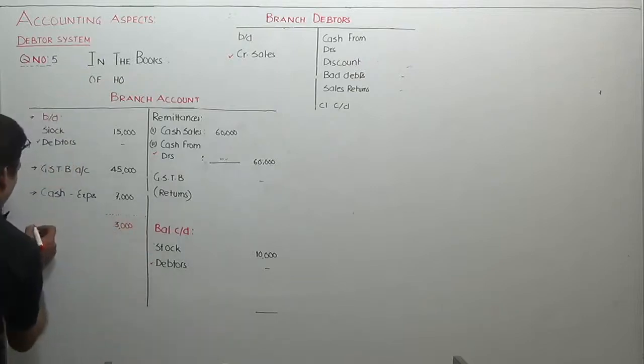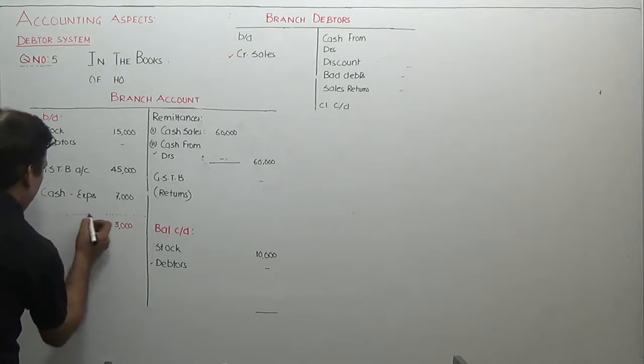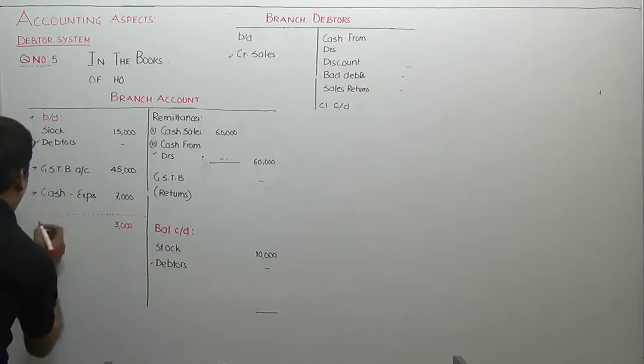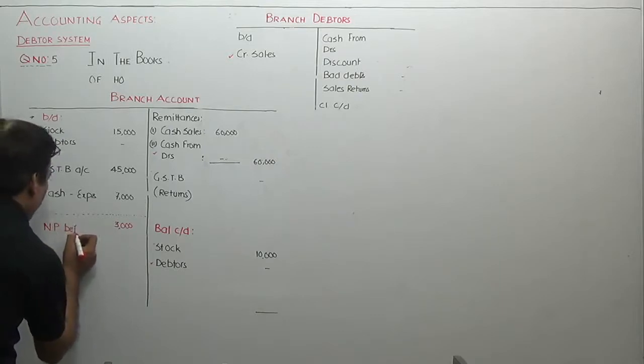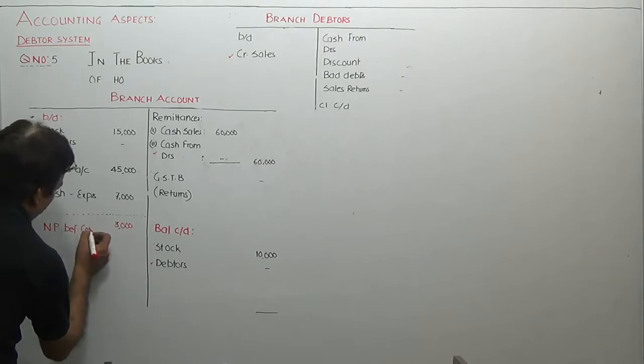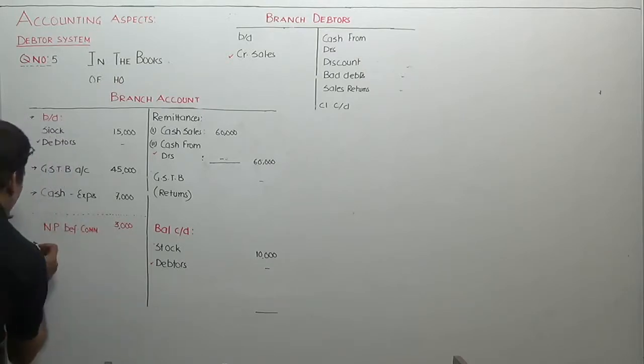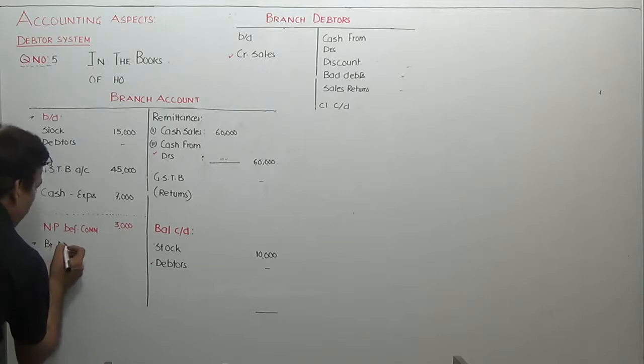But this profit which I have computed now is your net profit before commission. Now, in this question, it is given that the branch manager is entitled to commission.